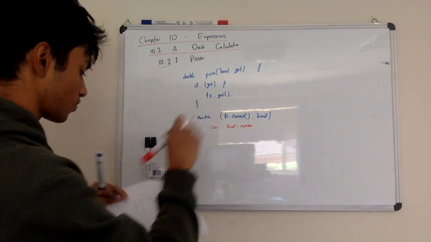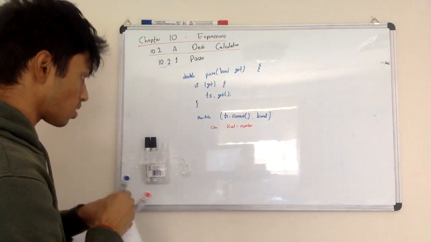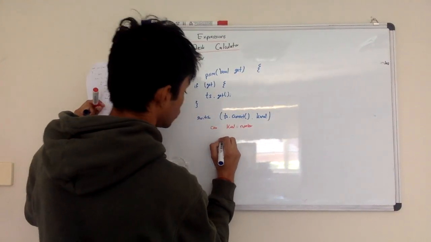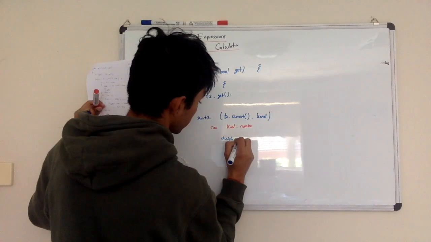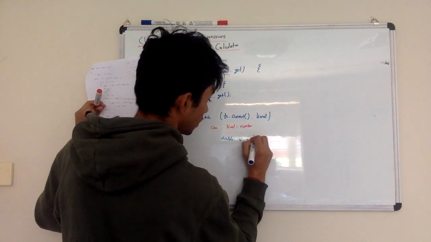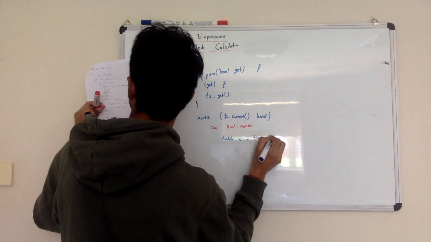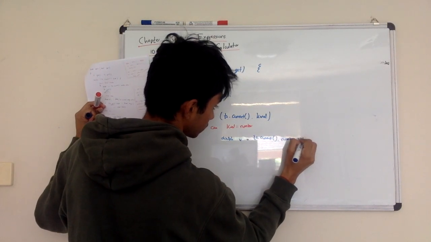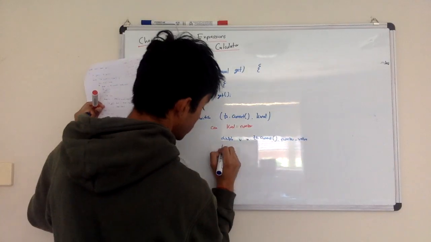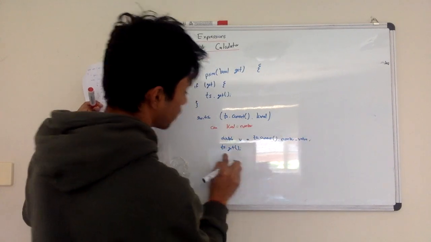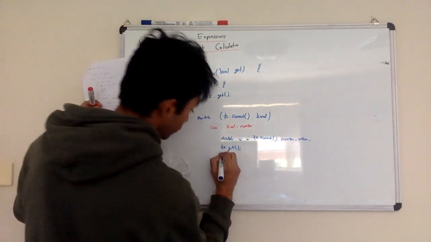If it's of type number, then what we should do is get the value: double v equals ts.current.number_value. We also call ts.get again, and the reason for that is more apparent in a second. And we return v.